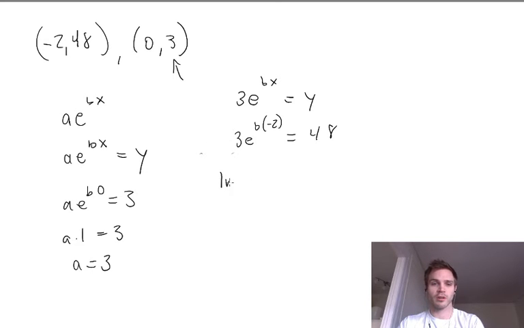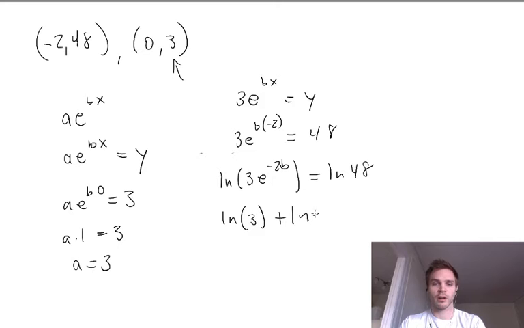We'll get the natural log of 3e to the negative 2b equals the natural log of 48. And then we can use this log rule to break this up into a sum of 2 logs. So it'll be the log of 3 plus the log of e to the negative 2b equals the log of 48.